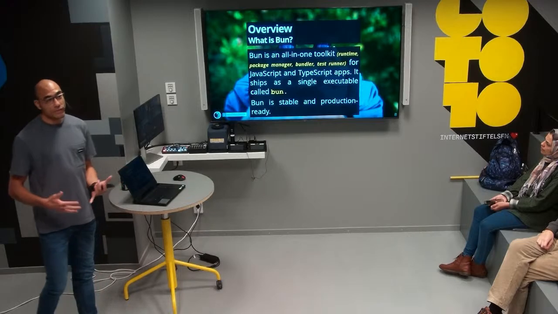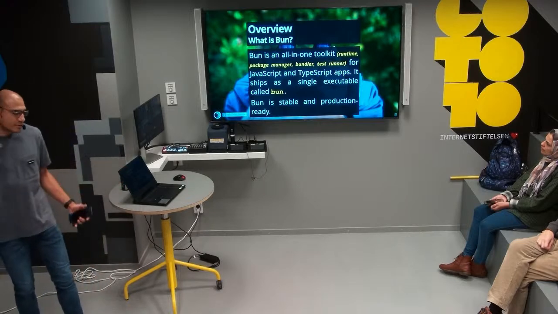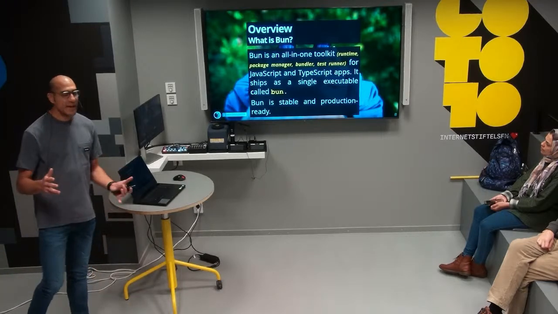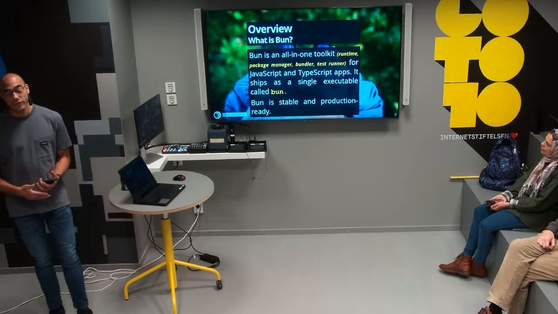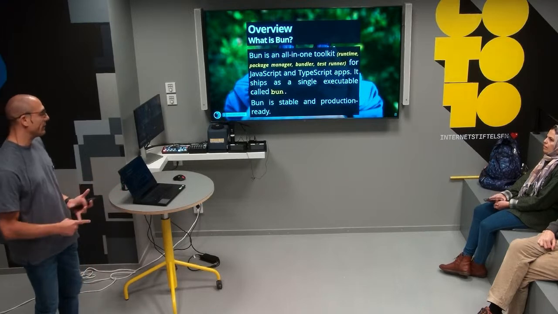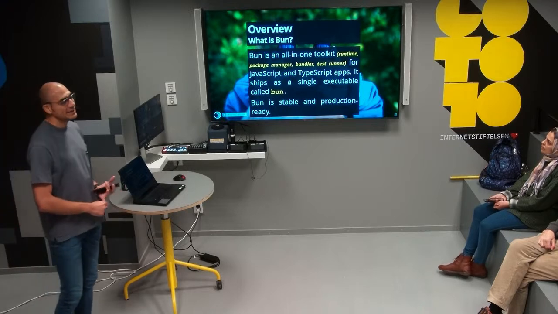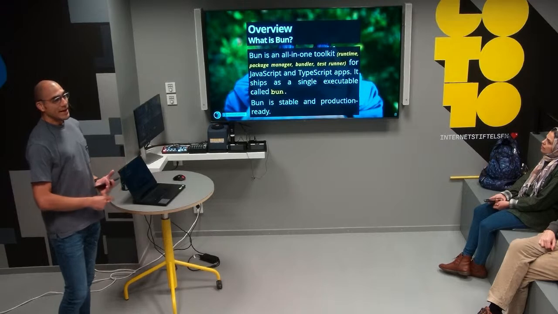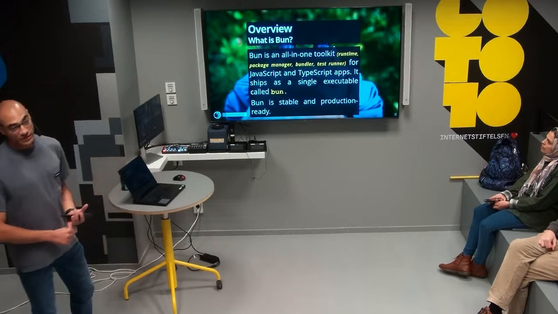If we want a bundler, I think every month a new bundler comes out, so we need to choose Webpack, or don't choose Webpack, but Vite, whatever, but we need to choose.